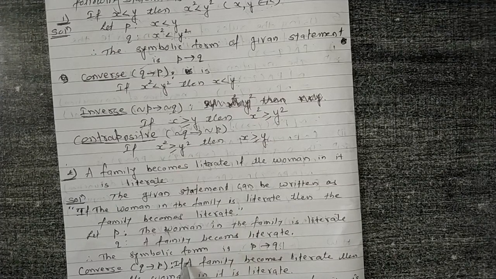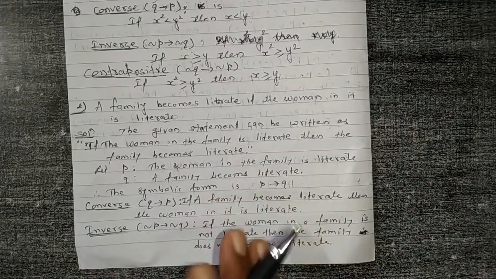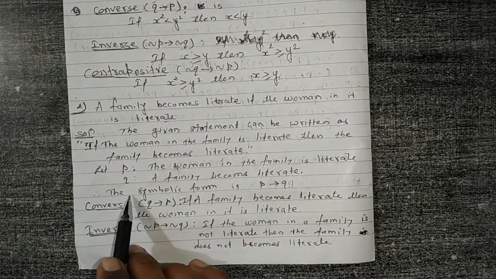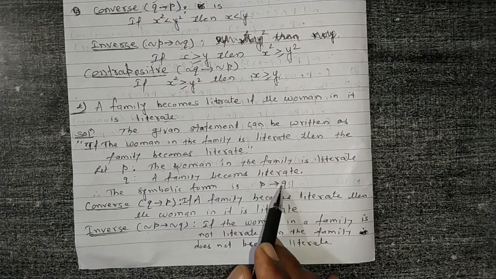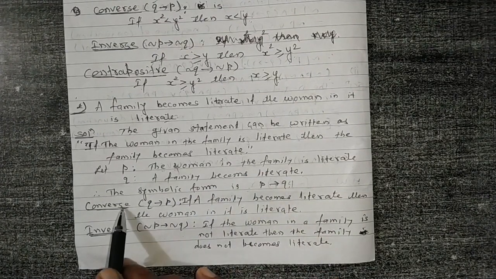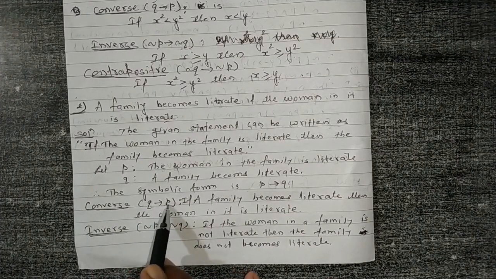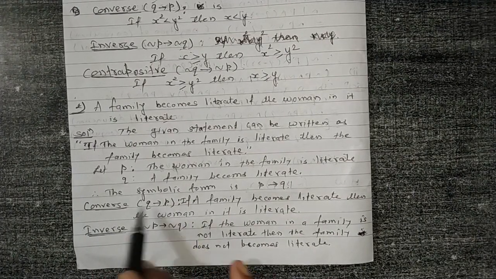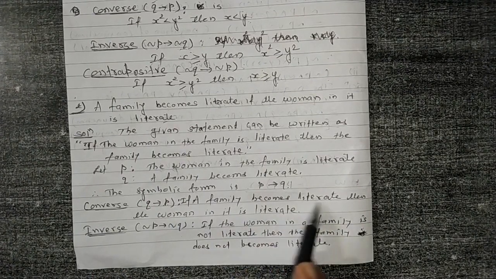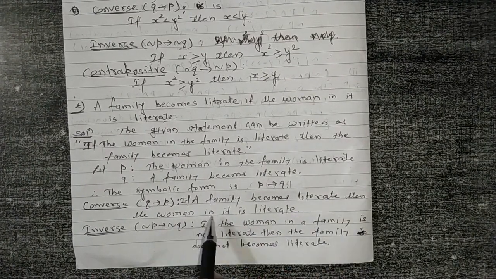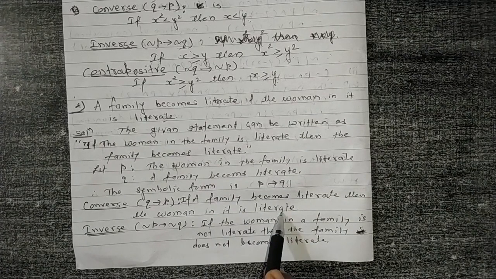Again we can consider P and Q. Let P stand for the woman in the family is literate and Q stand for the family becomes literate. Its symbolic form is P conditional Q. First, the converse of the given statement is Q conditional P. Therefore the converse is, if a family becomes literate, then the woman in it is literate.